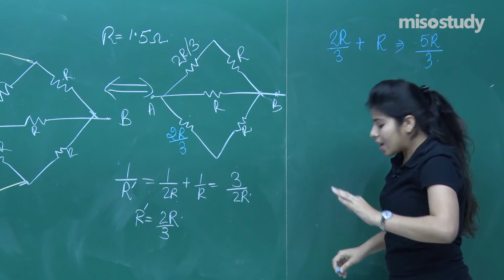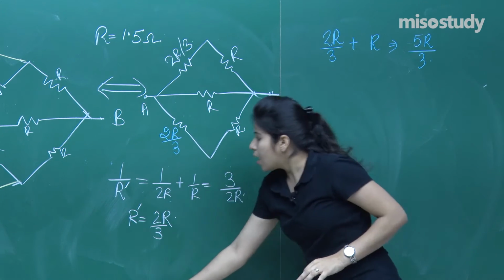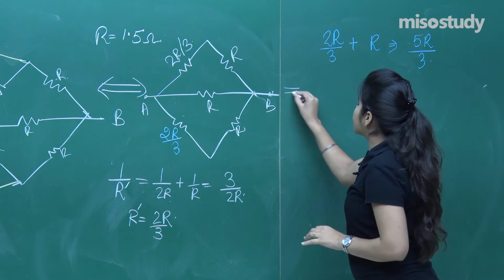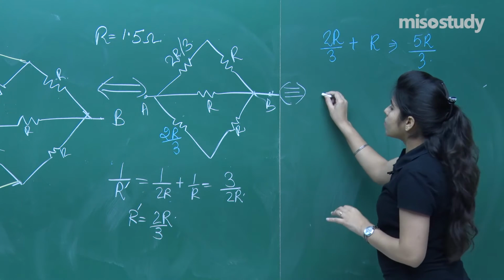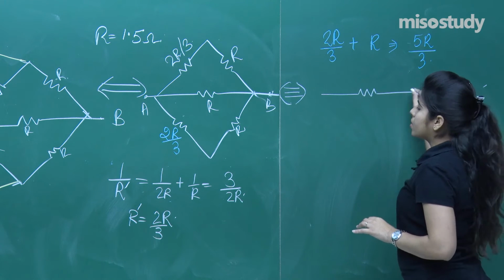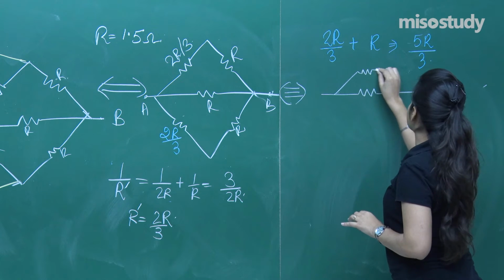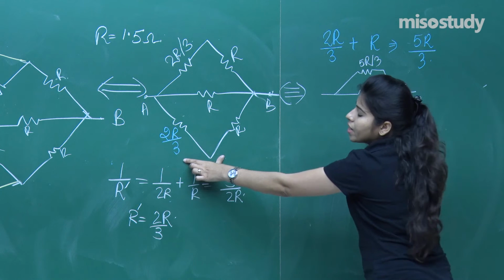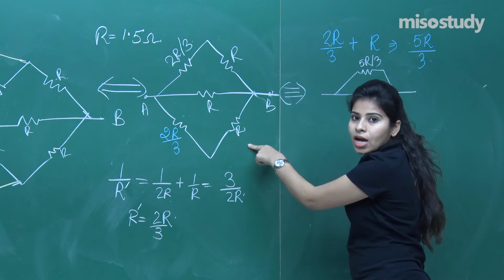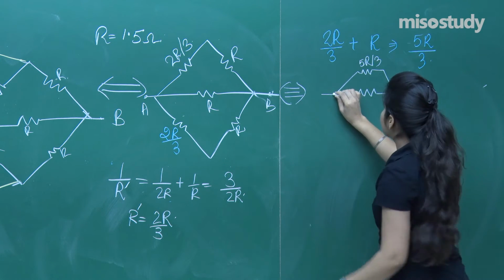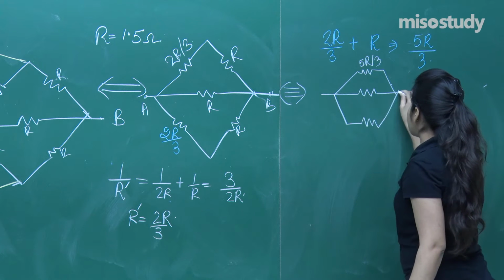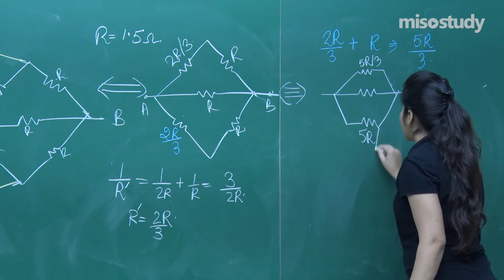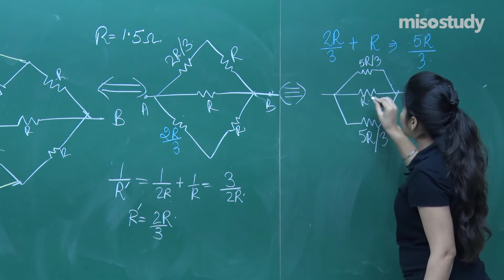Right? So what I can do over here, I will make another circuit like this. This is 5R by 3. Similarly, 2R by 3 plus R will again be 5R by 3. So we will make another circuit that has 5R by 3, and this is the value of R.